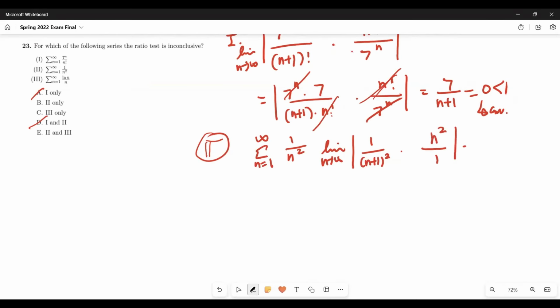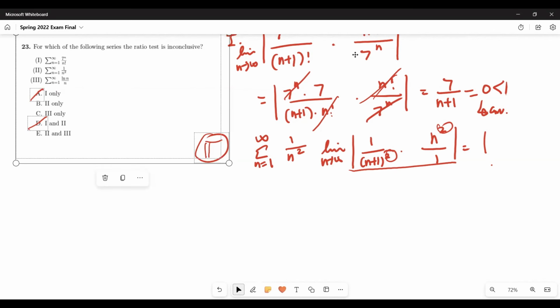The powers of (n+1) squared and n squared are both 2, so this becomes just 1 as n goes to infinity, and the ratio test says that if this becomes 1, then it is inconclusive. So 2 is inconclusive, and I circled it somehow.